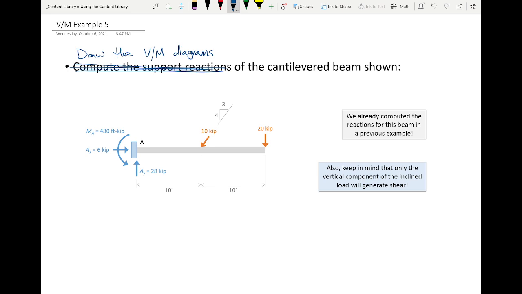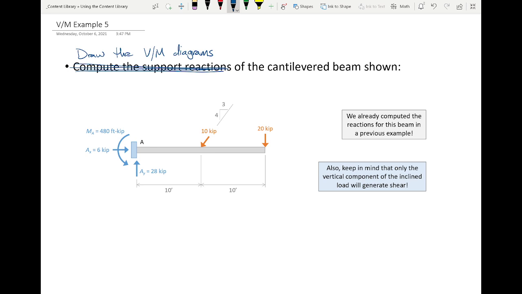We've already computed the reactions for this problem. A horizontal reaction is 6 kips, a vertical reaction is 28 kips, and a moment reaction is 480. Does that 6 kips matter? No. The reason it doesn't matter is not because it's horizontal, but because it is along the axis of the member.